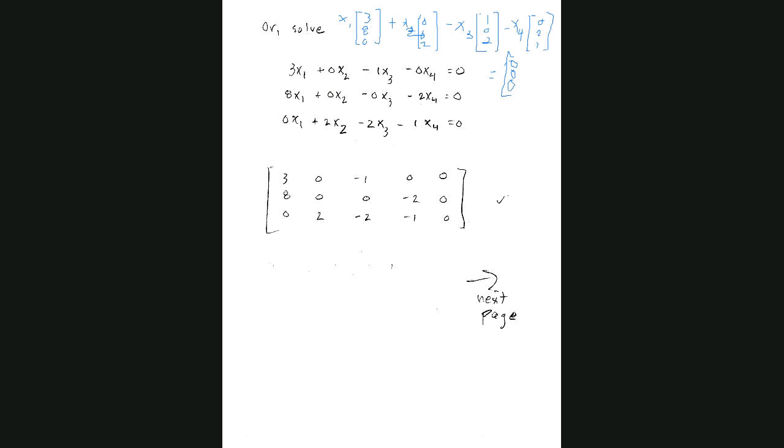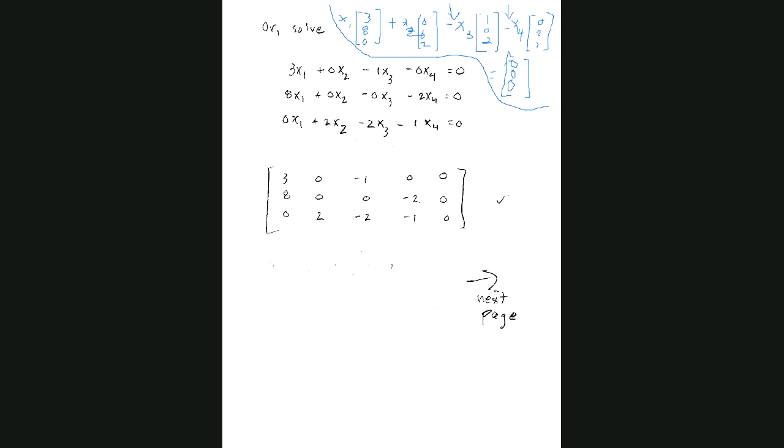So the vector equation on the previous page, remember we had two vectors on the left of the equation and two vectors on the right of the equation. Well, what I'm doing is bringing over the two vectors on the right to the left side. That's why we have minuses on those two vectors.